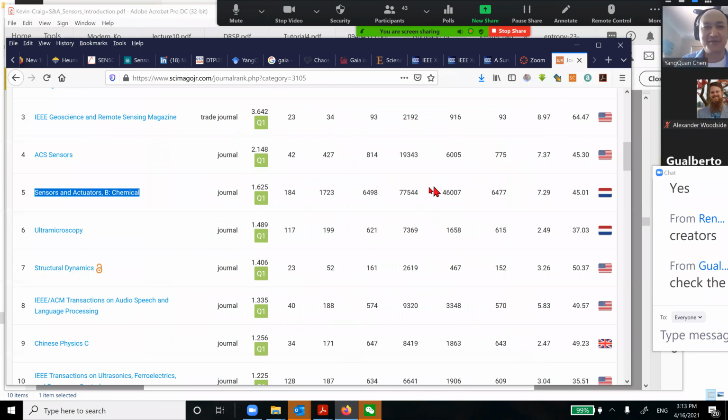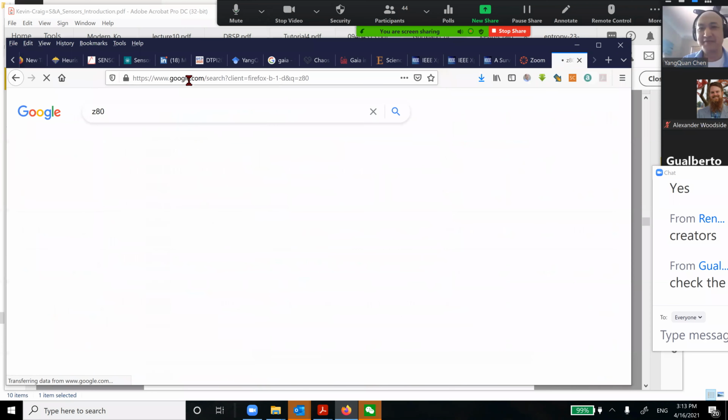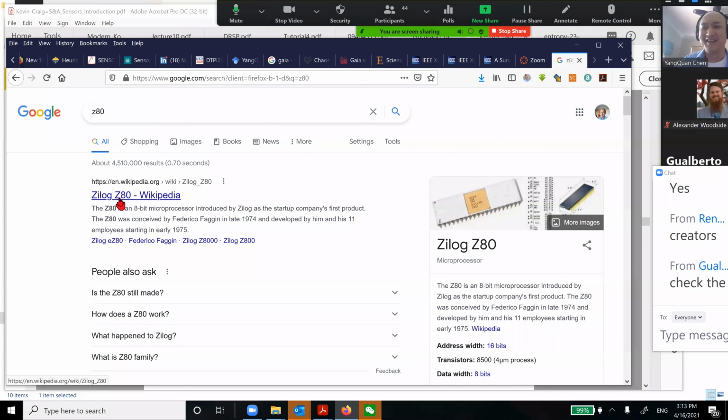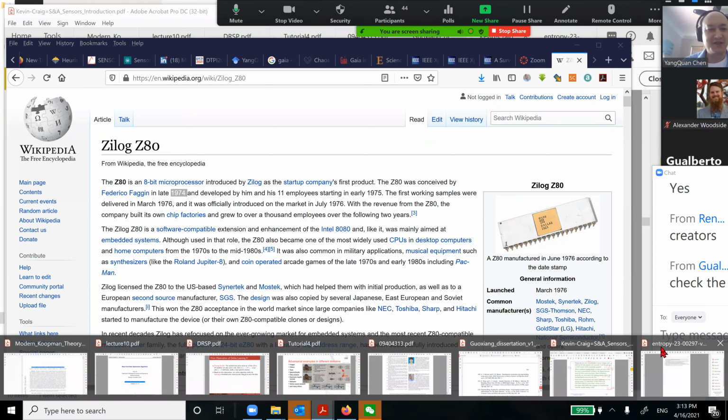Let me check. I'm curious. Oh, it's still here. The Z80 is an 8-bit microprocessor by Zilog, 1974. Interesting. See some history.